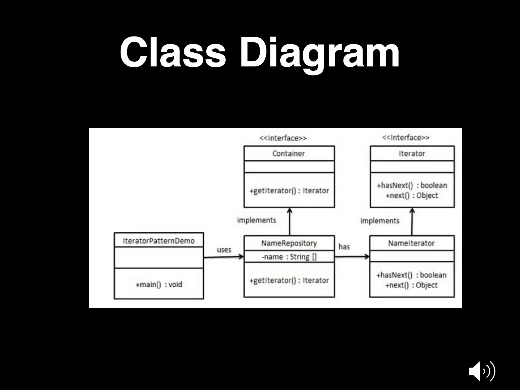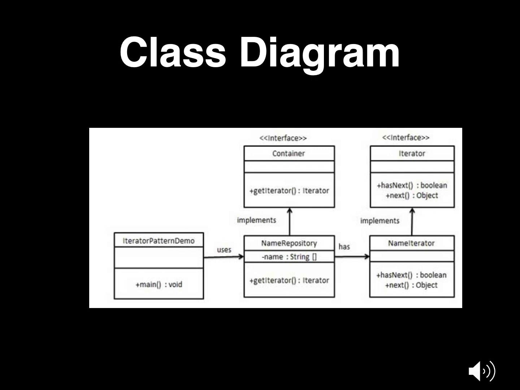To understand the working example of the iterator design pattern and to convert it into code, let's take a very simple scenario. Let's say we have a list, or a string array of characters, and we want to write a generic iterator to traverse and access the elements of this list. So firstly we have the container interface.